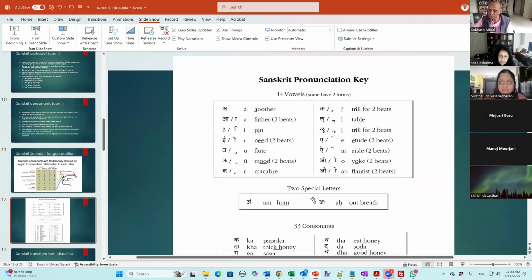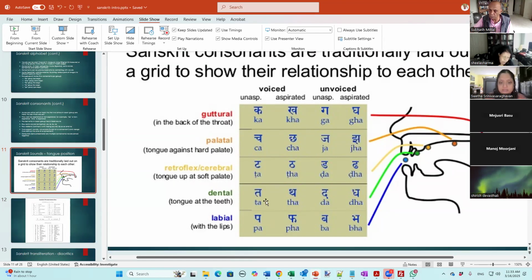And then you move on to the dental sound, which means the tongue has to actually touch the back of the teeth for all these sounds. Ta, tha, da, dha. If you make that sound and feel where the tongue is, it's actually making contact with the back of the teeth. It's very important to recognize this.